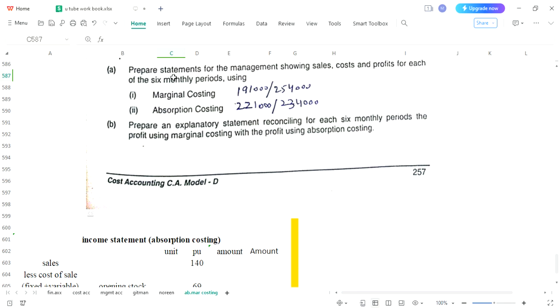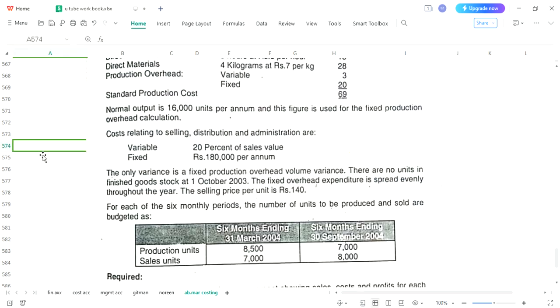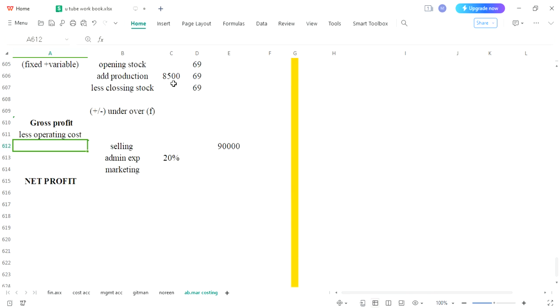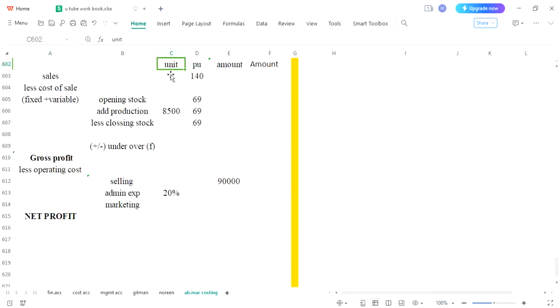Since we are related with the first time period, it has been said that produced units are 8500, sold units 7000. So you can put 7000 as your sold units.